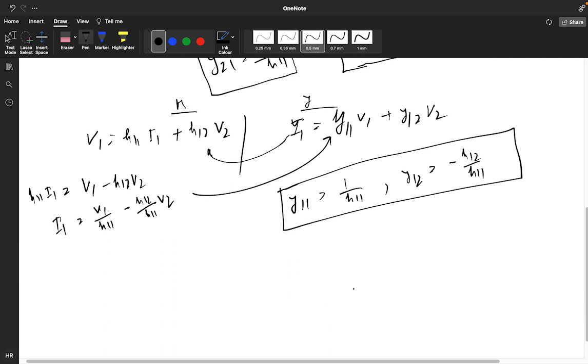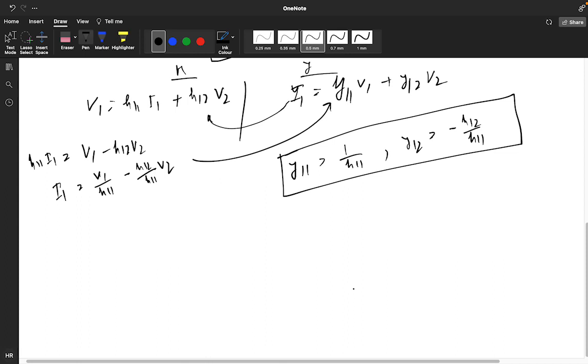Now I will tell you the beauty of this trick. In questions we took a lot of time, many hours, to solve them. But if you know the trick and you find the single transmission network, you will get all the parameters very easily. The H parameter is H11, H12, H21, H22.